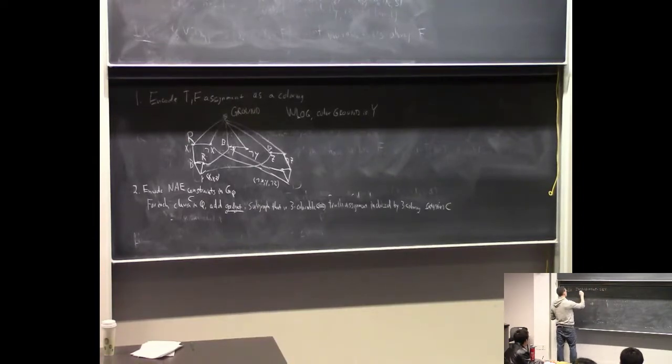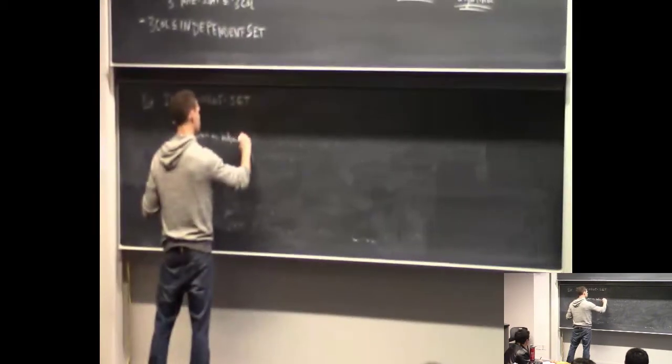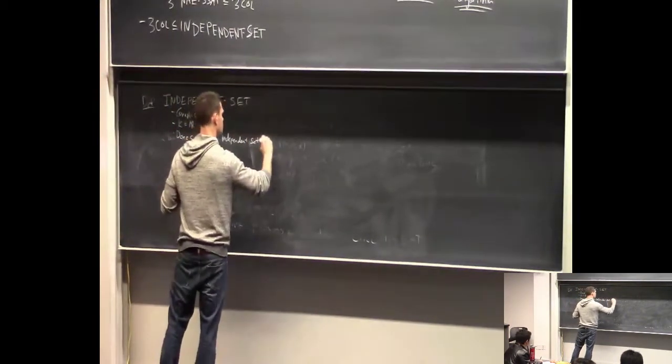And in it, we have a graph G, we have some natural number K, and the question is, does G contain an independent set of size K?